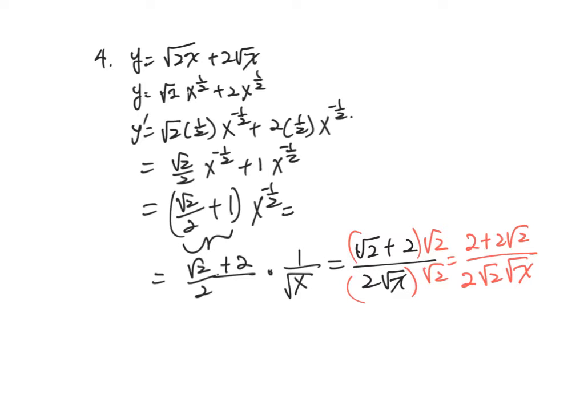And then I can factor the 2 out, and they cancel. So my final answer is just going to be (1 plus rad 2) over rad 2 rad x. And I believe that's what the answer key has. Yes, it does.